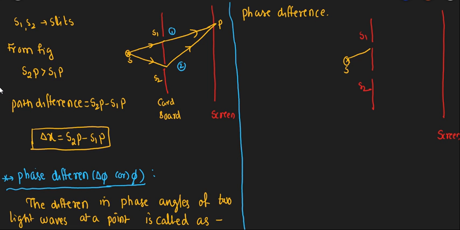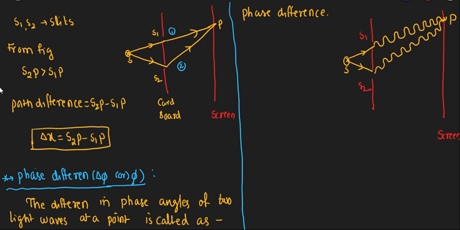The source is at equal distance from S1 and S2. Light travels in the form of a wave and reaches the point P. From here also the light starts in the form of a wave and reaches the point P.